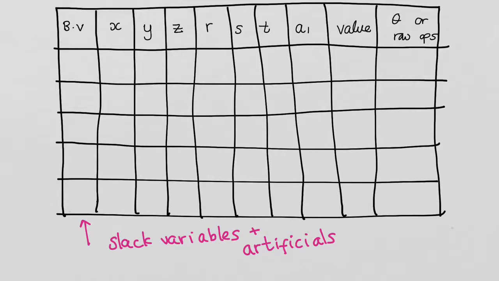T at the moment could have been negative, which we can't have, so the artificial is kind of pulling that up, if you like. So the artificial and the slack variables are going to be the ones that we know for certain have a value. So I'm going to put R, S and A1 in there. If I had an A2, I'd put that in there as well. My objective function and my second objective function.